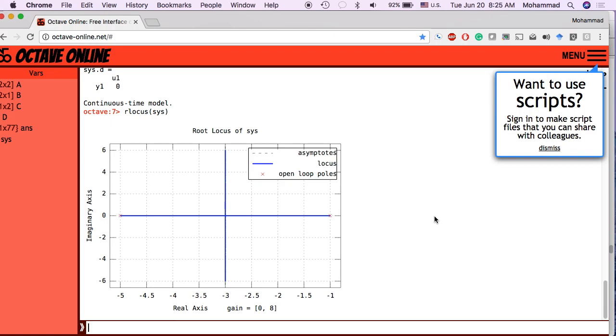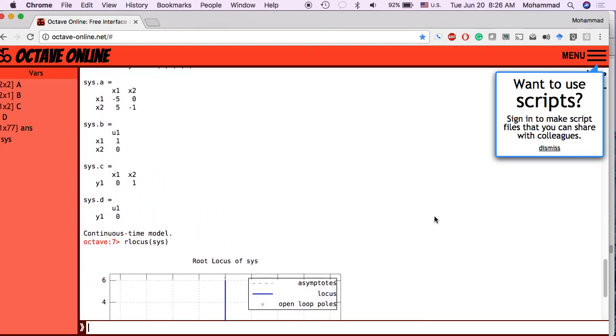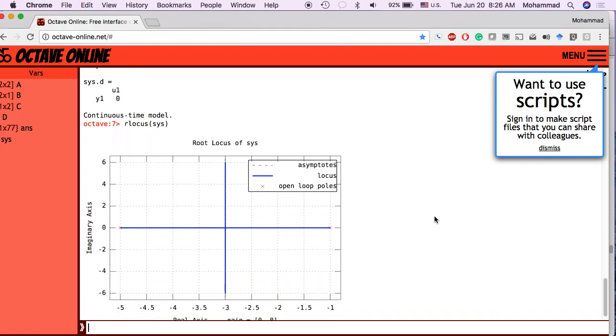On the other screen, I'm going to bring the actual MATLAB version. So we can click on that. The benefit of the MATLAB version is that you can click on it and see the changes. So the same way, I'm just going to repeat -5, 0, 5, -1 rather. That's A. B is 1, 0.